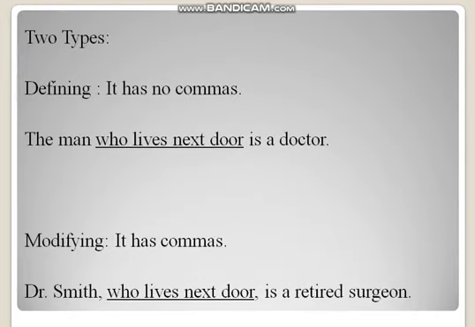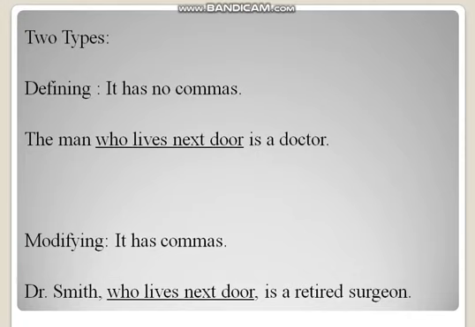If we omitted this adjective clause and just said the man is a doctor, which man? The meaning would not be clear. So to give further definition to the noun man we have added who lives next door. So it is an adjective clause, but it is a defining adjective clause. Why? Because it is defining the noun man here.